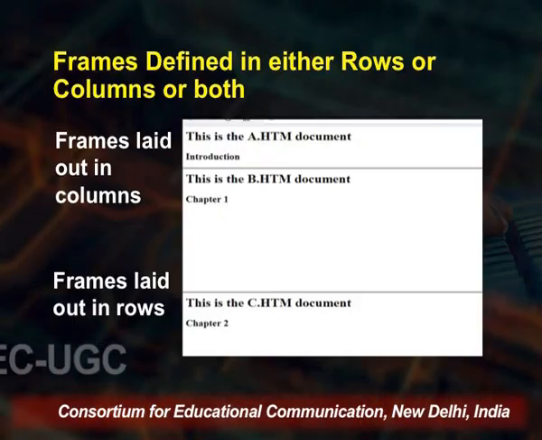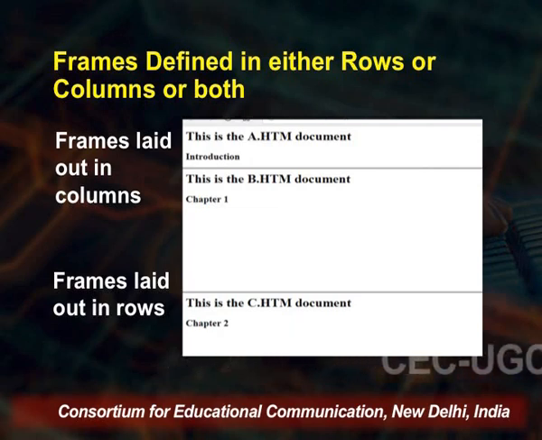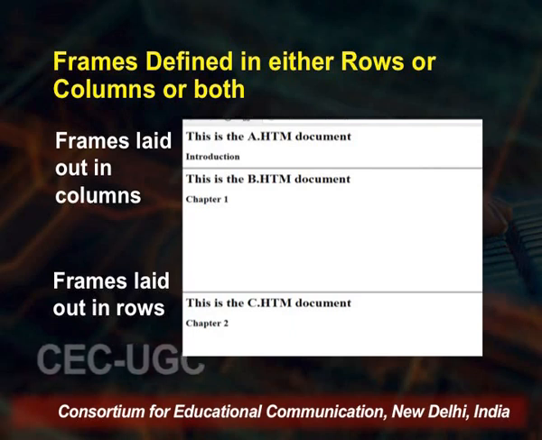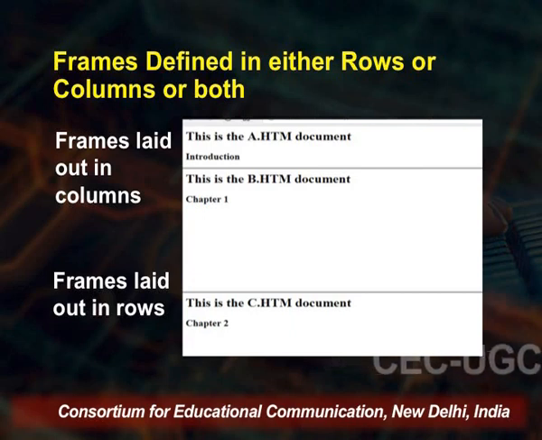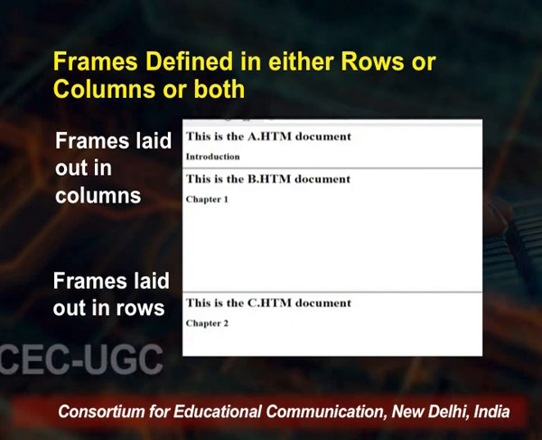So, we will use the frame set tag to give the definition of frames, okay, and we will also give the location and size of the frame that we are going to use. If you look here in this window, we have created 3 row wise frames, and in the 3 rows we have loaded 3 different documents, a.html, b.html and c.html.